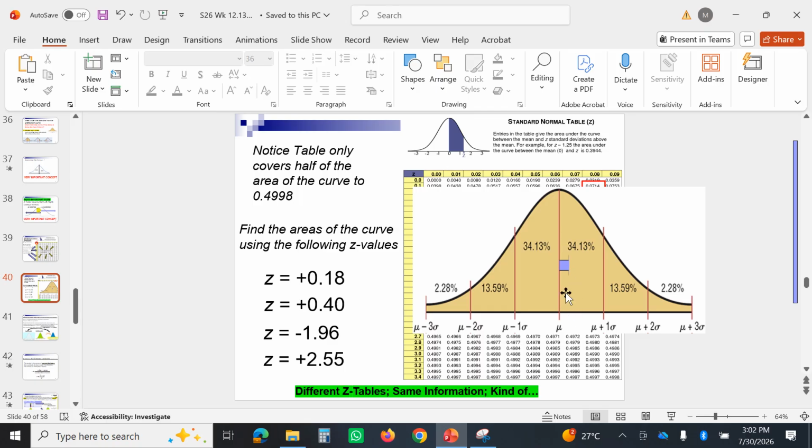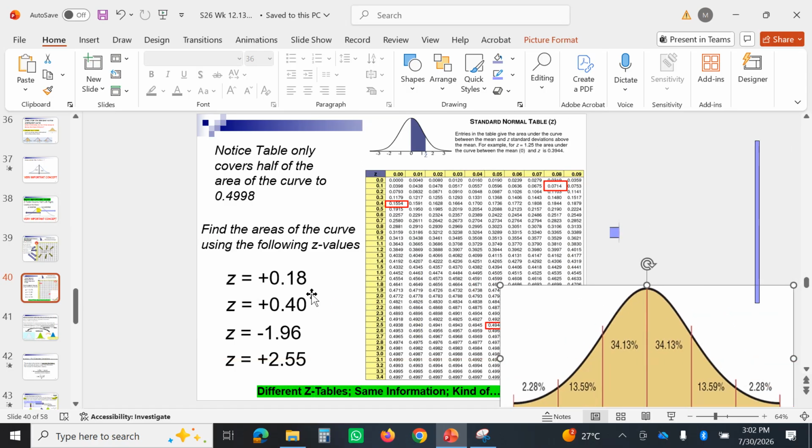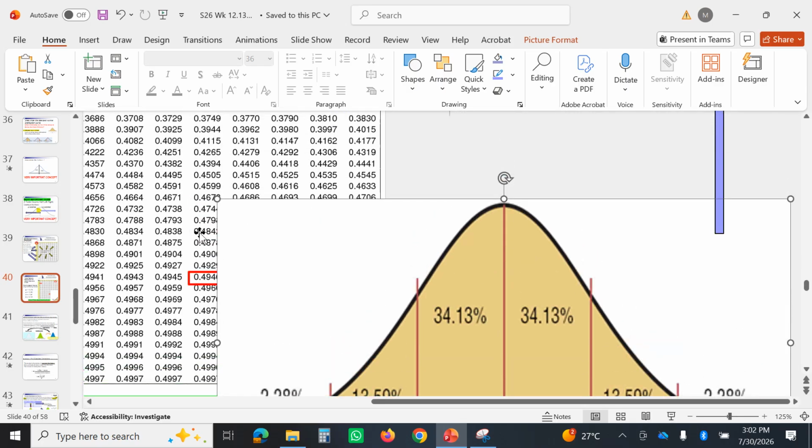Not really important that we need to know exactly where it is, but just as long as we have a figure, and you'll see the percentage involved. Okay, remember we're counting from the 0 to that line, 0.18. So let's have a look here. 0.18. So now Z score of 0.1, I'll zoom in a bit more.